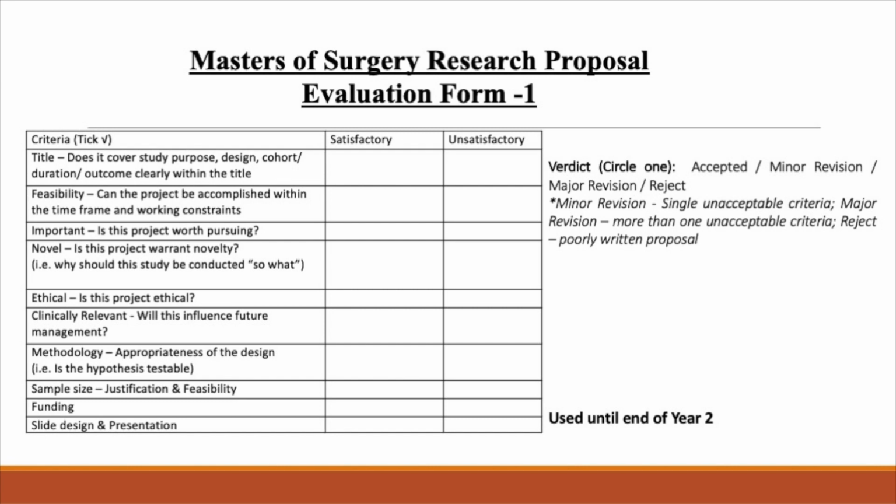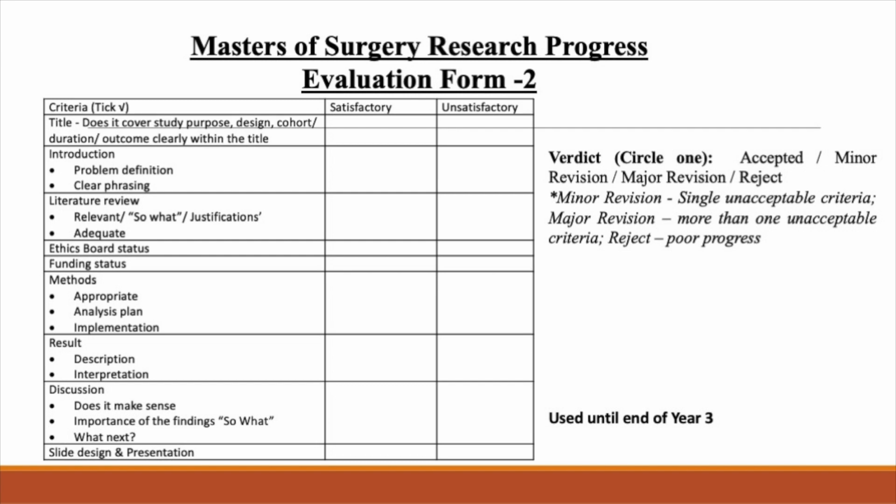So please have a look at this mark sheet, which is used at each progress evaluation until they clear their proposal defense. The next evaluation form is more on tracking their research progress.